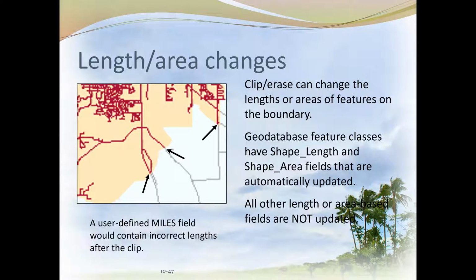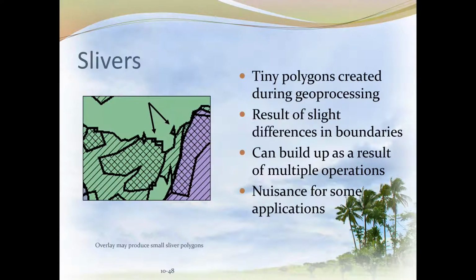Length and area changes: clip can change the length or area of features on the boundary, and geodatabase feature classes have Shape_Length and Shape_Area fields that are automatically updated for us. Other length or area fields are not updated.